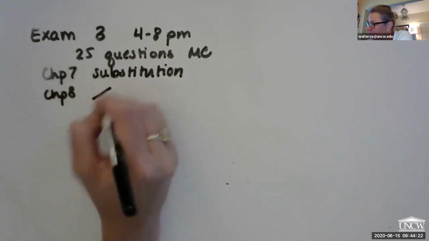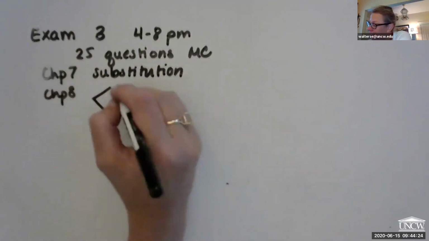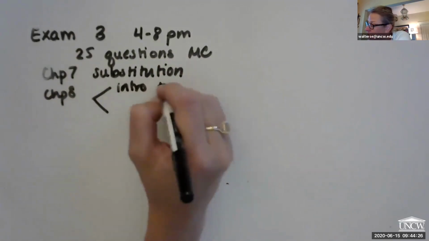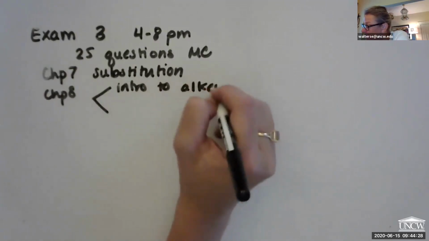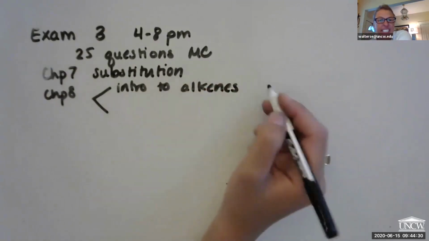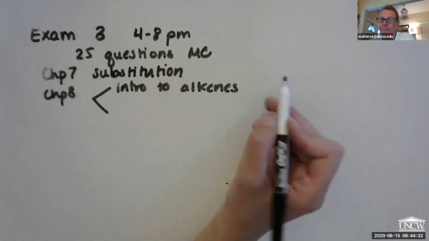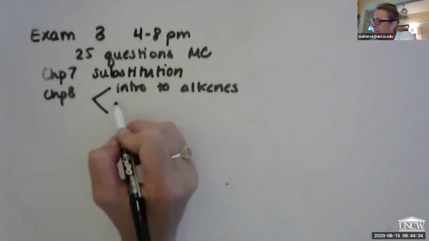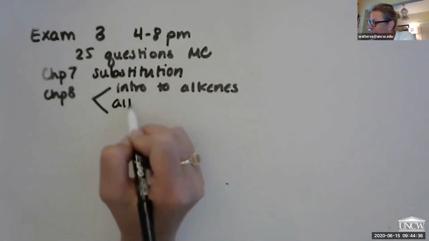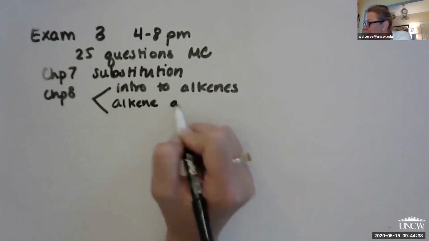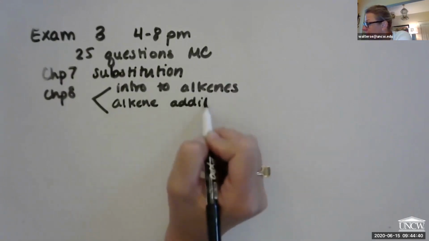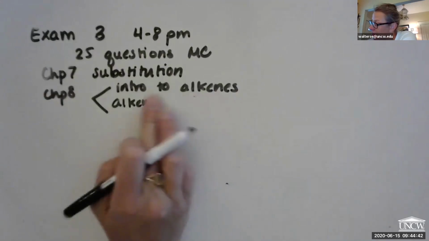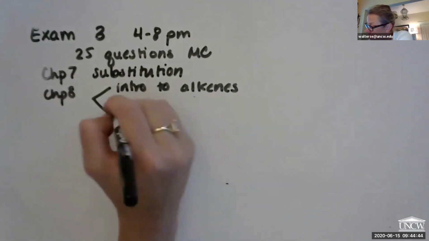And chapter 8 kind of has 3 parts. It has an intro to alkenes with naming, cis, trans, EZ nomenclature. And then it has alkene addition reactions. Wait, I lied. Elimination reactions.